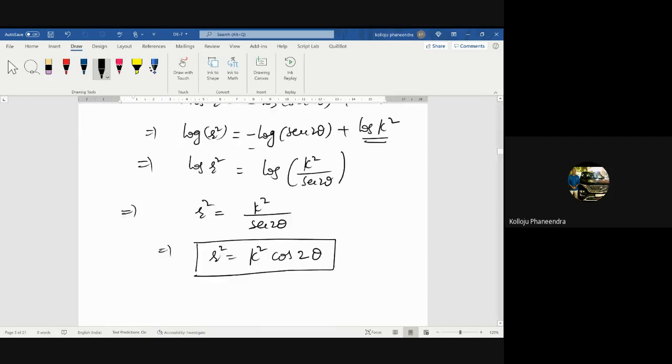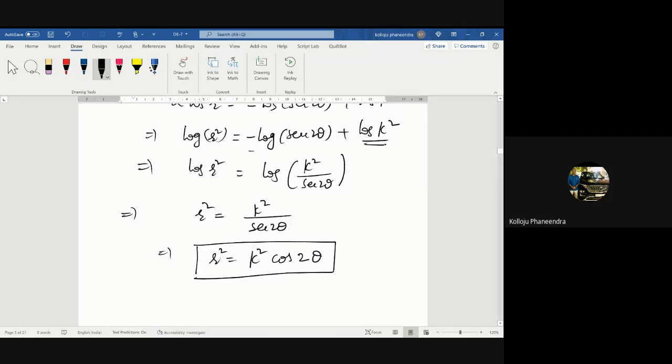Again the same form as r square equal to c sine 2 theta. So here r square equal to k square cos 2 theta is the equation of the family of orthogonal trajectories for equation 1.